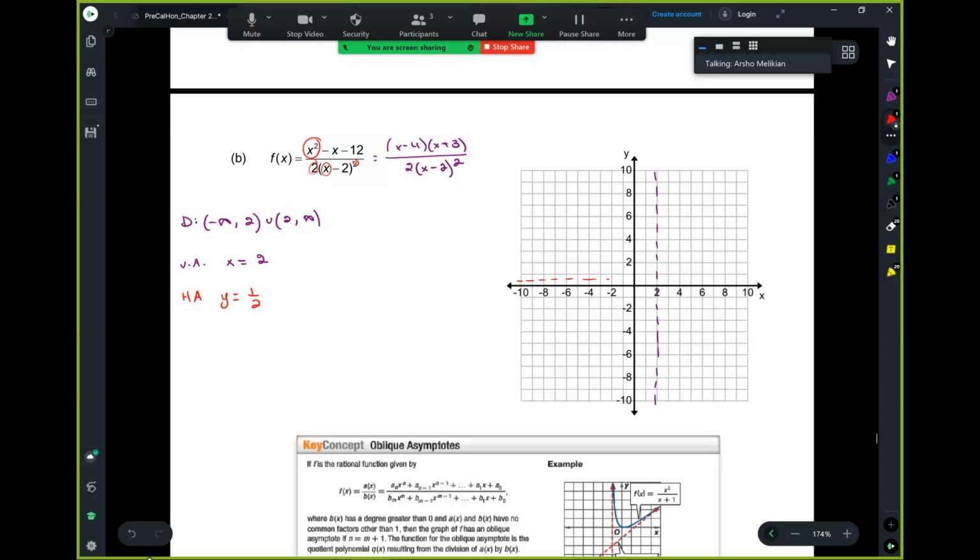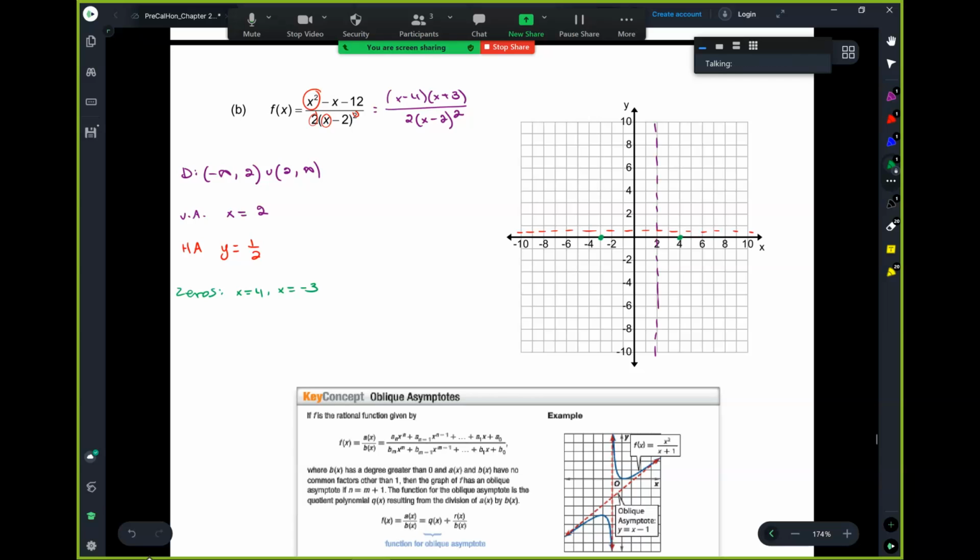So right here. All right, so what are the zeros? x equals 4 and -3.